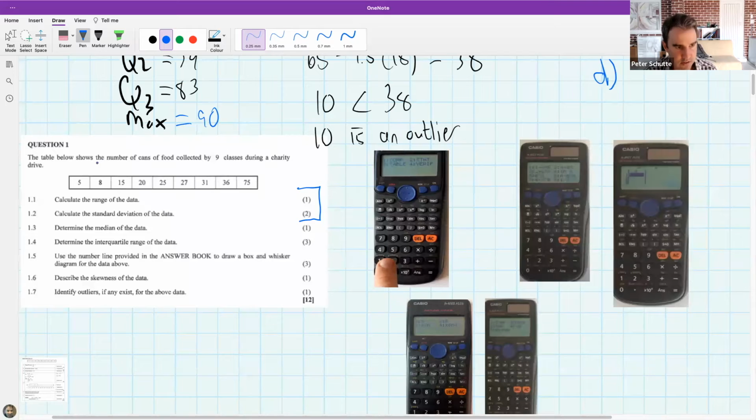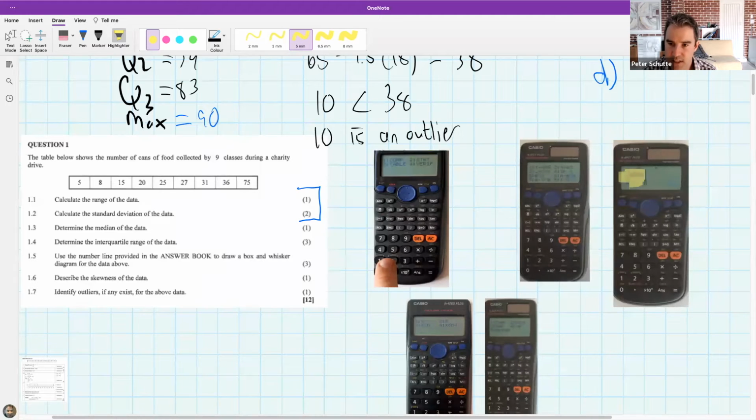Now, the good news is it says the table below shows the number of cans of food collected by 9 classes during a charity drive. So each of these values is one class. Calculating the range shouldn't be too bad, but for the standard deviation, you need to use your calculator. You need to go to mode and then stat mode. Turn on stat mode over here and then hit 1 for var.